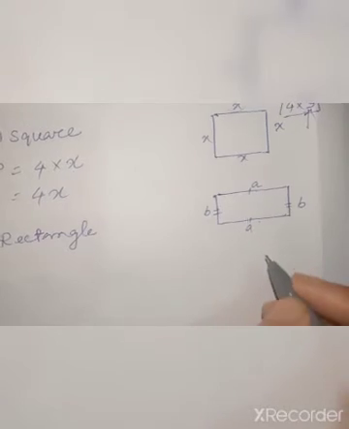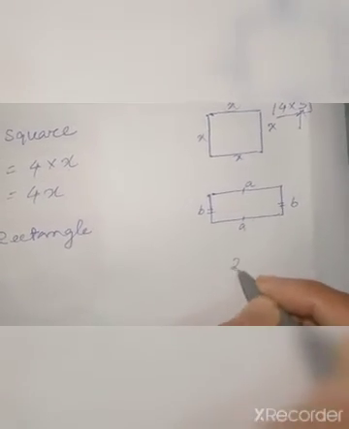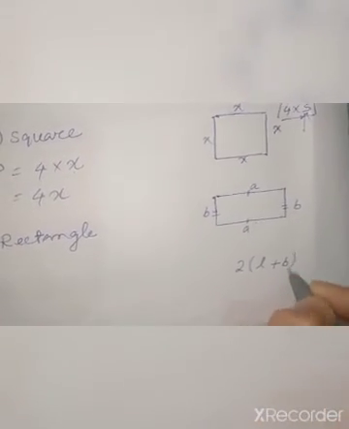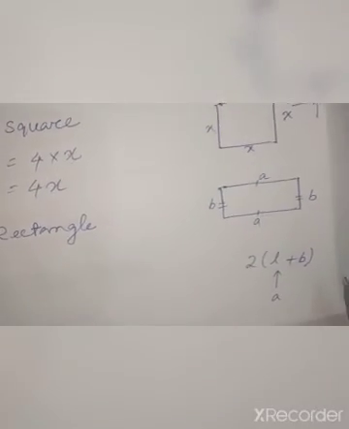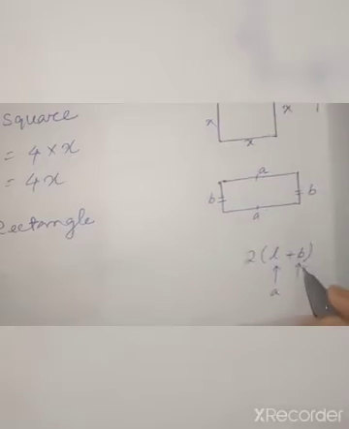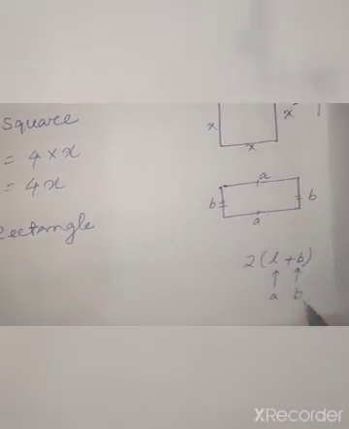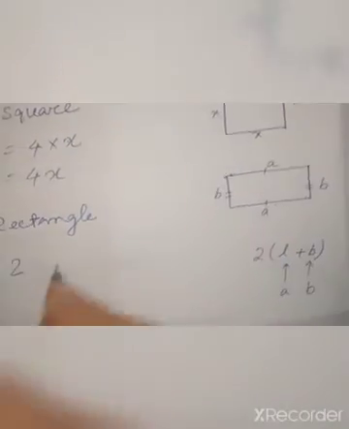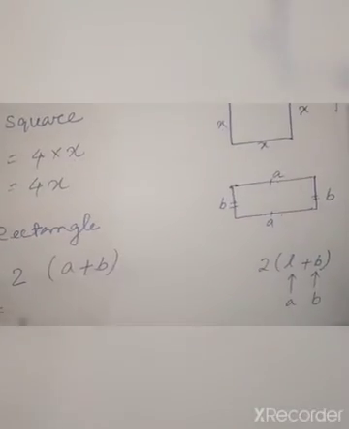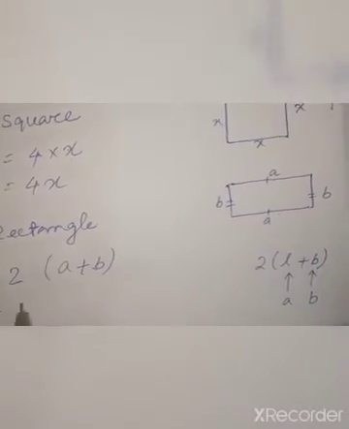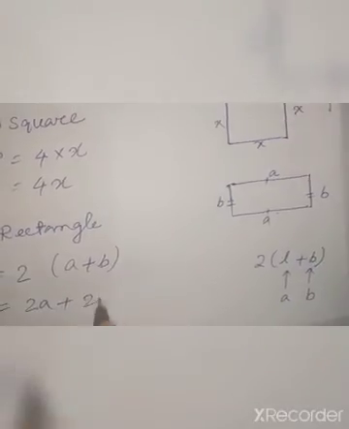That means all of you know perimeter of rectangle is 2 into L plus B. Okay, here L is length, that means A, and B means breadth, which is B. Then rectangle is 2 into A plus B. Okay, this is the answer, or you can write as 2A plus 2B.